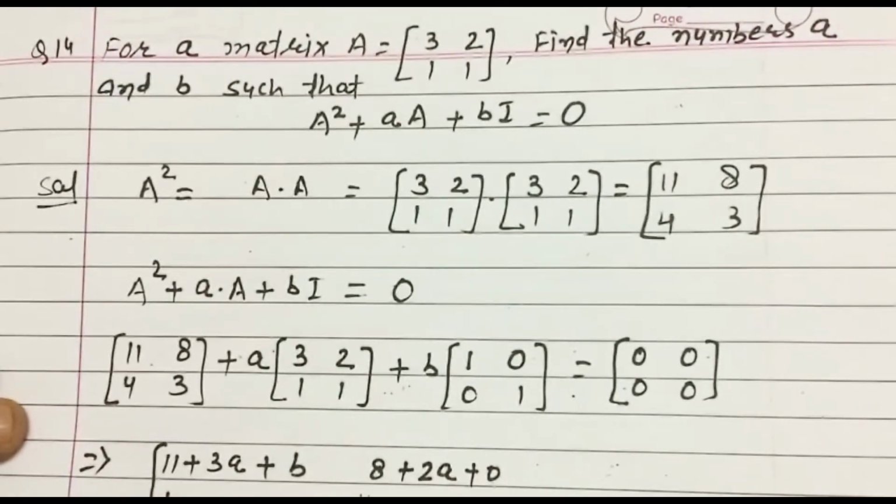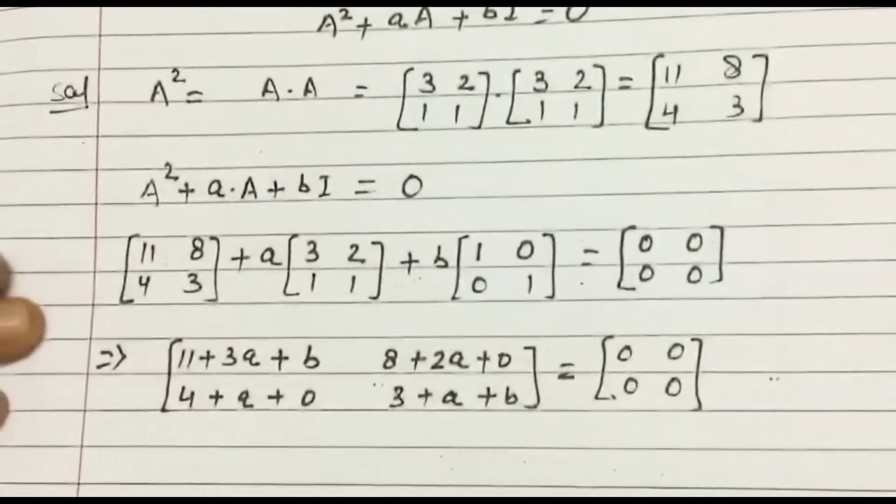Here it's 4 plus A into 1, means A, and B into 0, it's 0. And now last, 3 plus A into 1, it's A, and B into 1, plus B, is equal to 0 0 0. Now students, equate the corresponding elements.